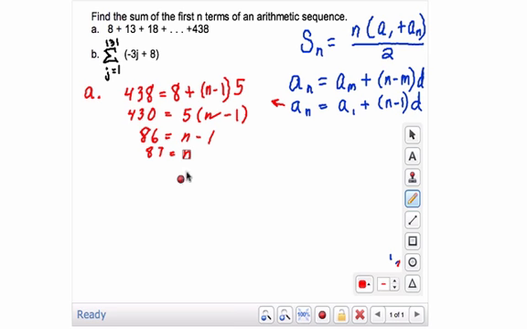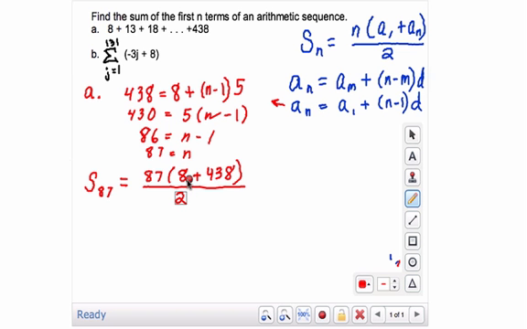Okay, so that gives us n, and now we have everything we need for the sum formula. So the sum of the first 87 terms, that's how I think of this. If you notice, that's what I say when I write it down. I just don't do S of 87, I say what it means. That's going to equal n, which is 87, times the first term, which was 8, plus the 87th term, which is 438, and you divide all of that by 2.